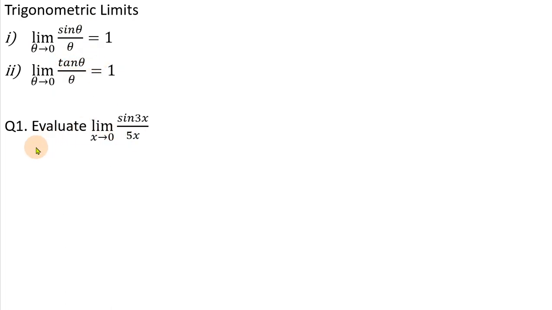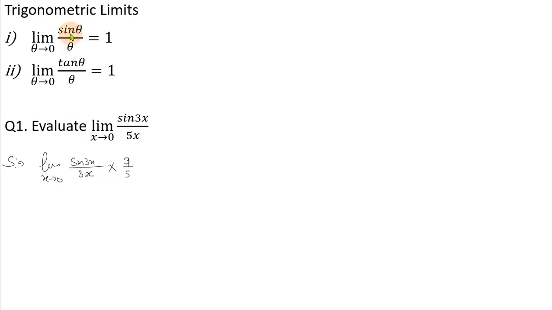So like in the question, evaluate limit x approaches to 0 sin 3x upon sin 5x. So what we have to do, limit x approaches 0 sin 3x. So here the angle is 3x, so we need to make it 3x in the denominator. So it is 5x, so we write it as 1 upon 5. x को sin 3x के साथ रखेंगे and we multiply and divide by 3 here in order to make the same angle.